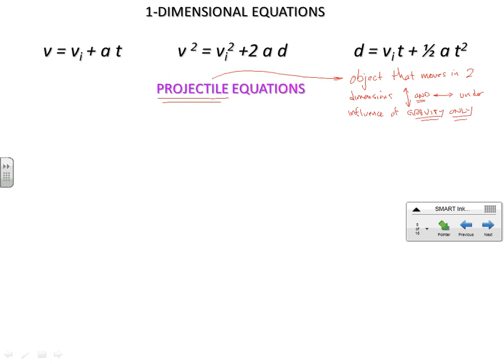All right, so it's something that's in the air, but gravity is the only thing that affects its motion. Okay, so that's things like cannonballs and bullets and, I don't know, a football or a lacrosse ball, a tennis ball. Although tennis balls you can get a lot of spin on, that can sort of change their motion.